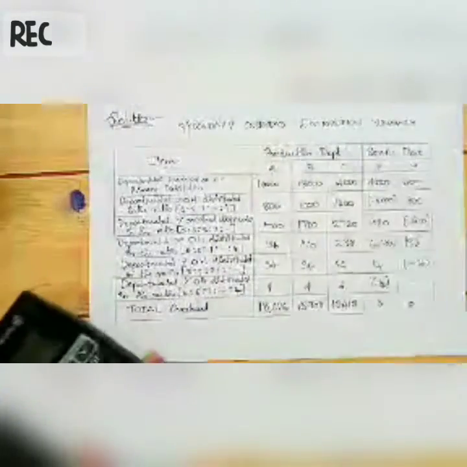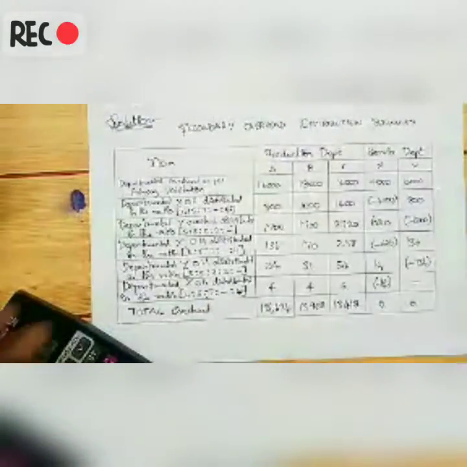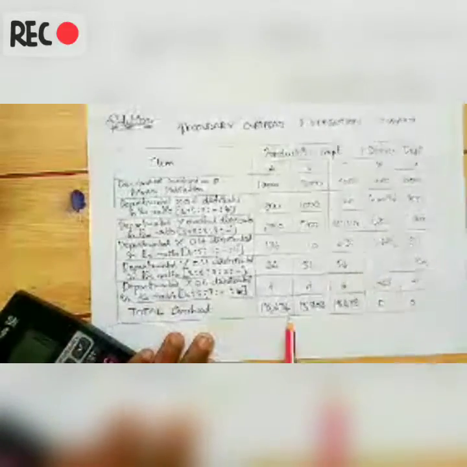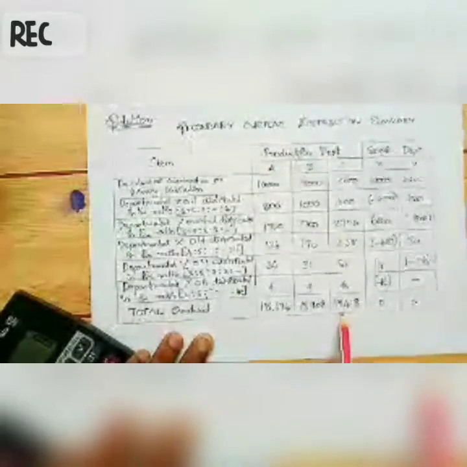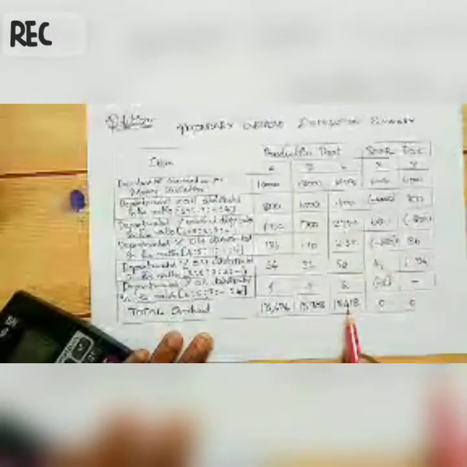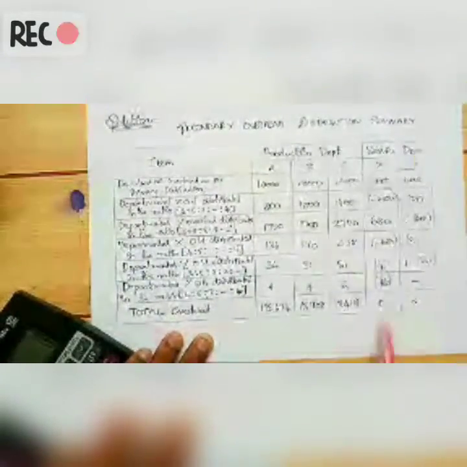That's it. The problem is solved. The answer for production department A will be 18,674, production department B will be 15,908, production department C will be 18,418, and service departments X and Y will be 0.